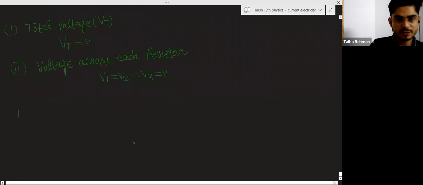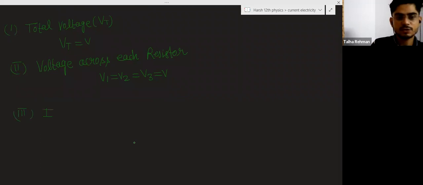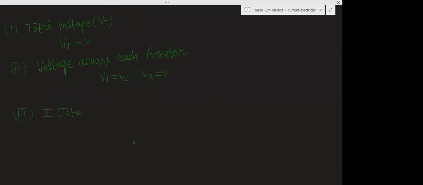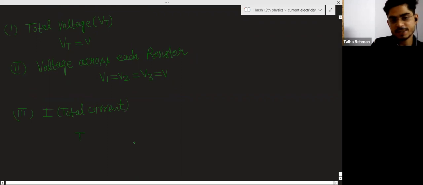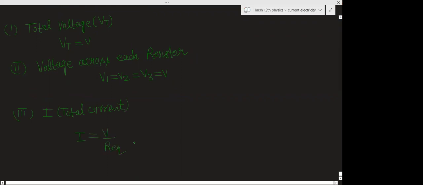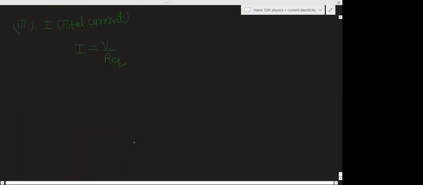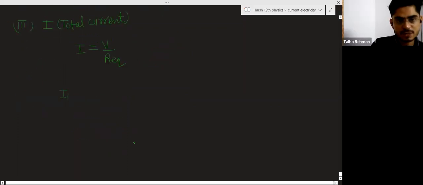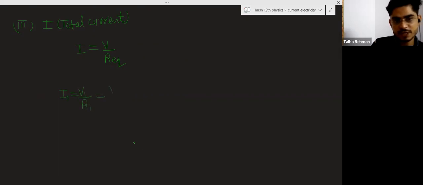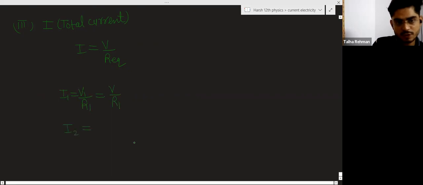If you want to find the total current, then you will write I is the total current. I is equal to V divided by R equivalent. And if you want to find I1, then you will write V1 divided by R1. But V1 is V and R1 is R1. So for I2, you can write V divided by R2.